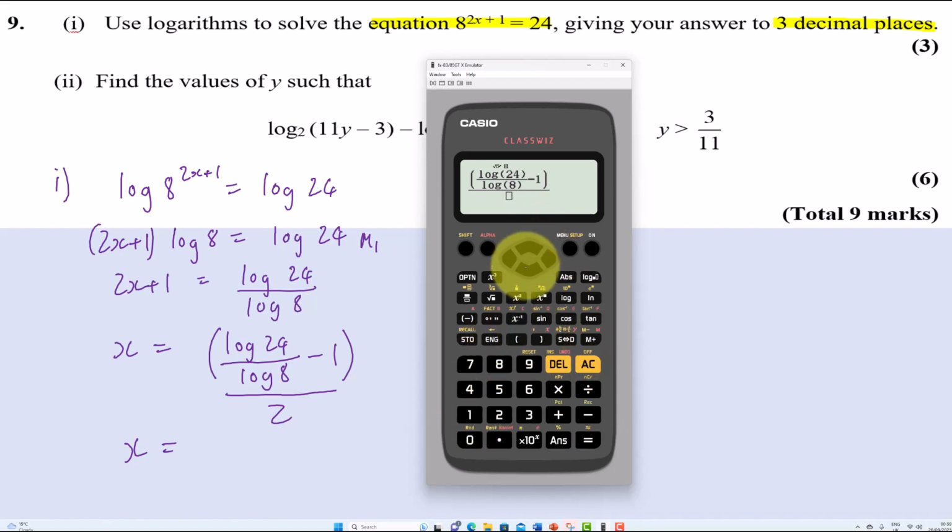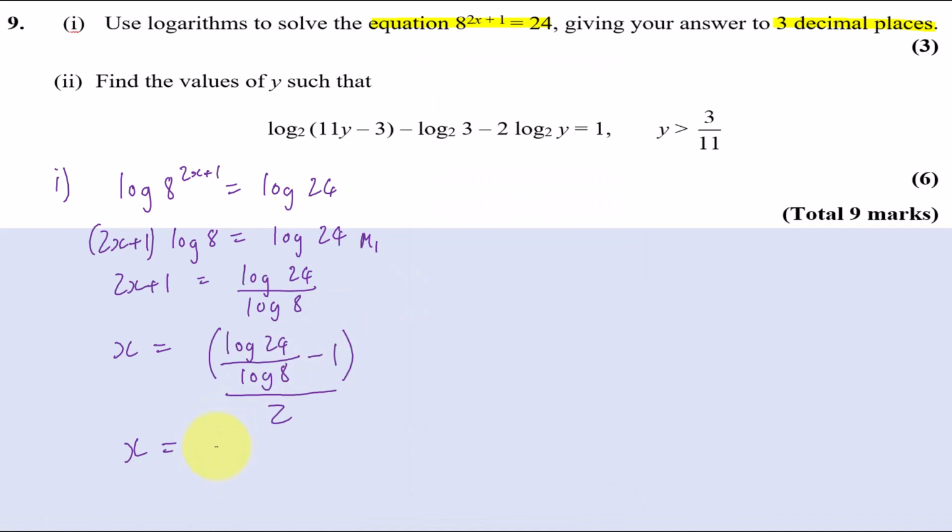This might seem silly because I'm showing this using the calculator, but you'll be surprised about the amount of time students make a mistake using a calculator. 3 decimal places, 0.264. That's called your accuracy mark or answer mark. That should be 3 out of 3.